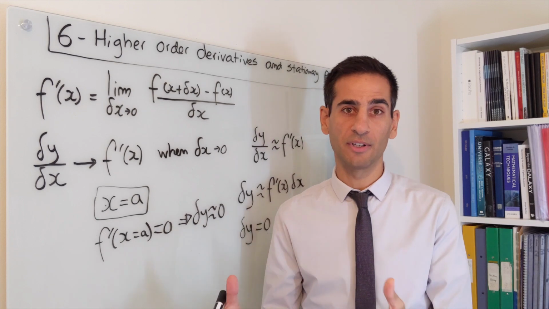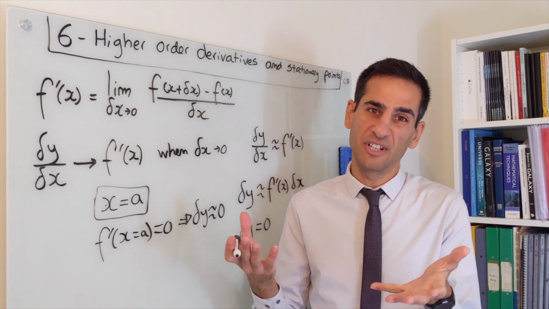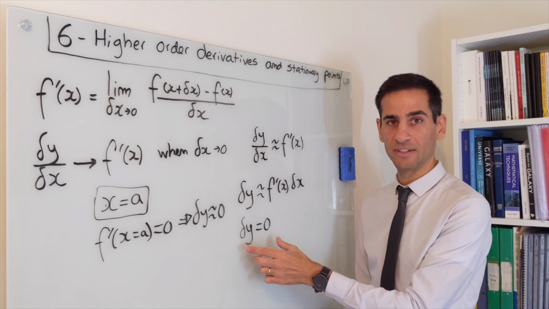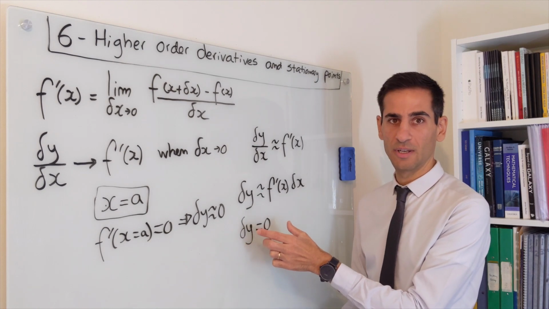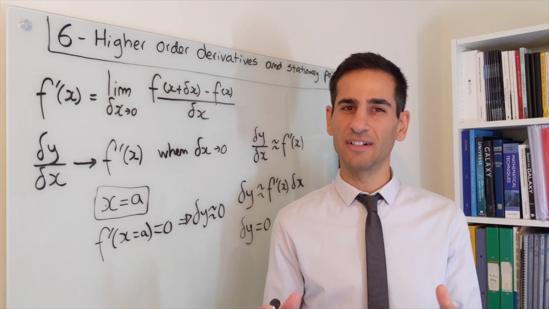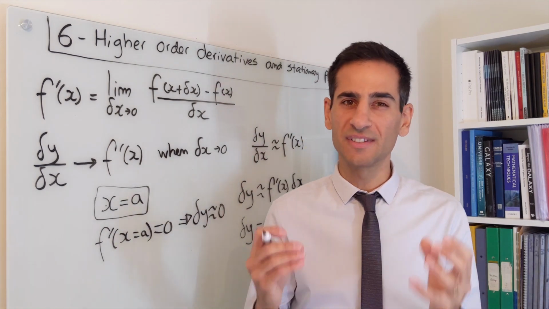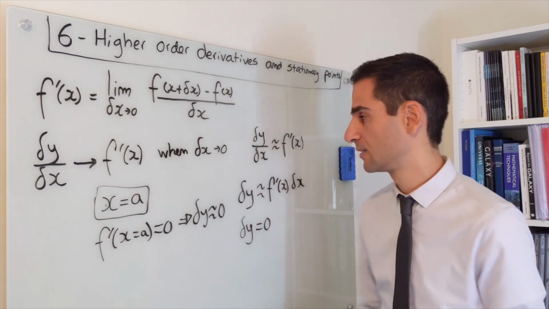We're essentially looking at points at which the rate of change is 0, and therefore this quantity, the change, will also be 0. But let's define this in a more mathematically rigorous way of what the stationary point really is.